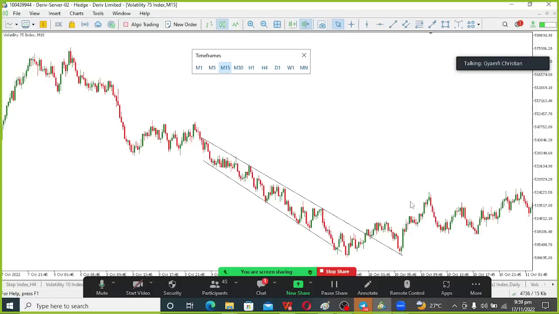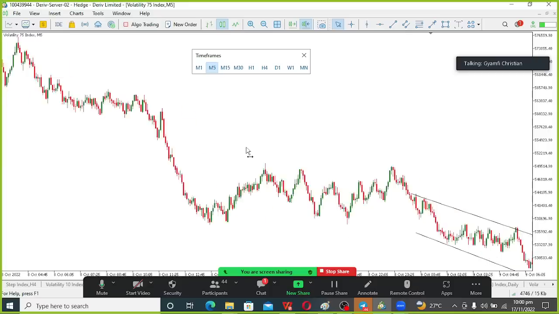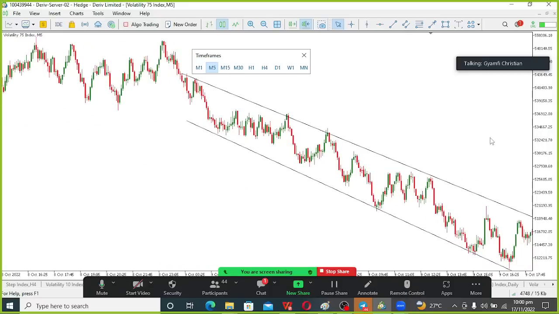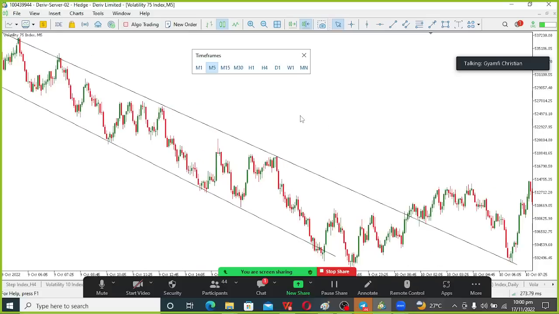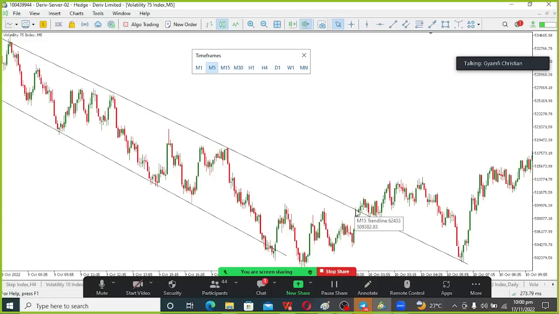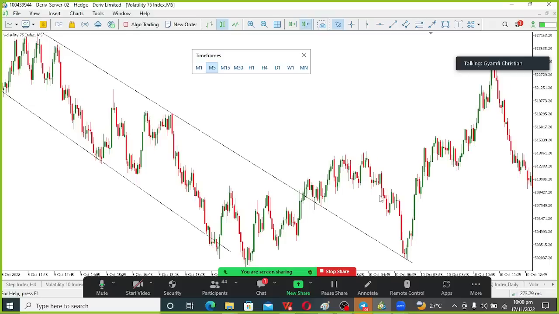Yeah, that's great. So here you'll be able to get it clearly when you switch from 15 minutes to a time frame that's lower than 15 minutes, right? So the breakout occurred here. It came back to touch the trend line, and then it went all the way up, came back again to touch it, right?